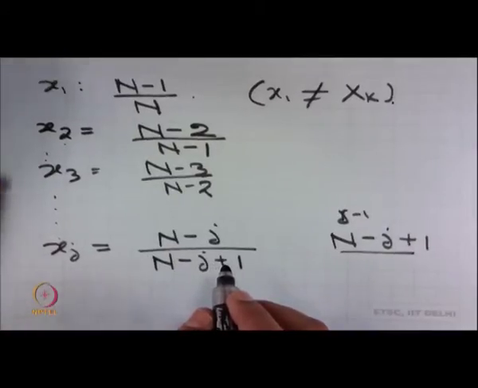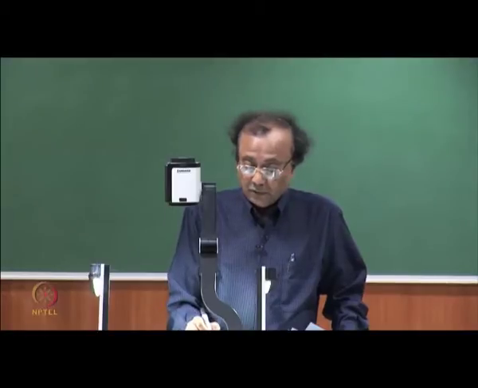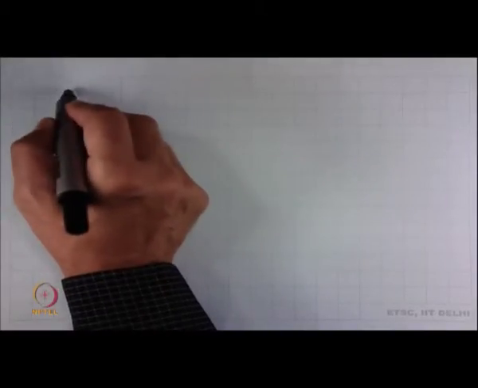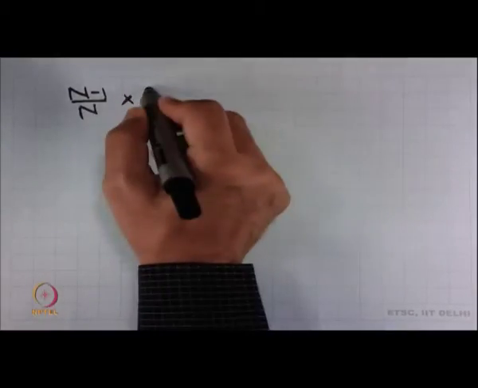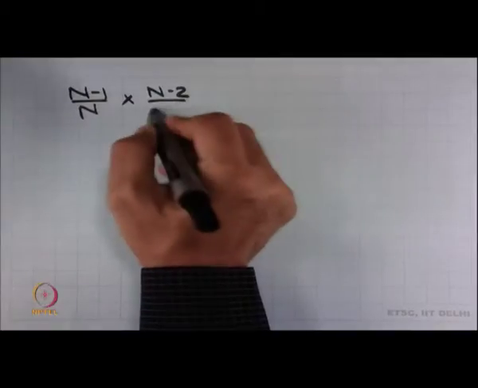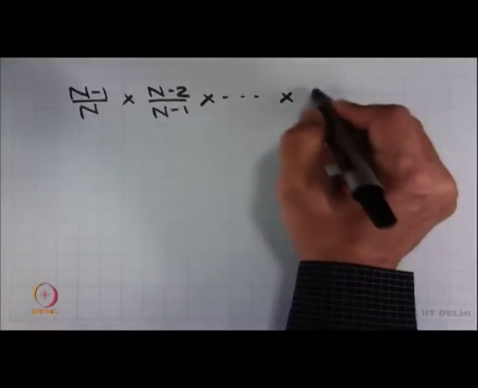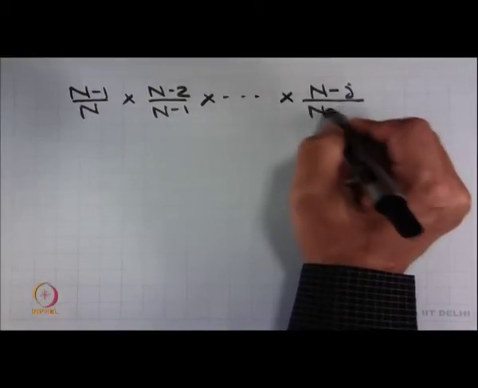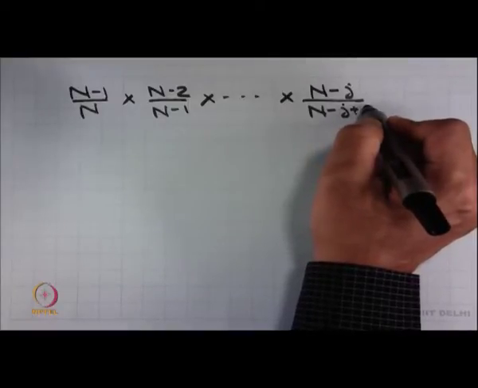Therefore, what we are getting is that we have not chosen x k till the jth sample. That probability is n minus 1 upon n multiplied by n minus 2 upon n minus 1 multiplied by up to n minus j upon n minus j plus 1.